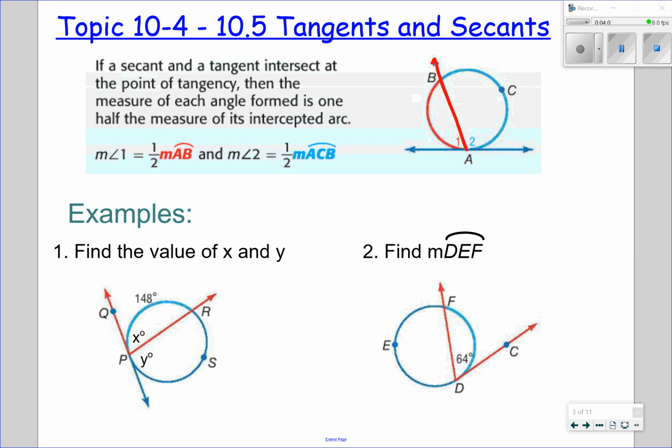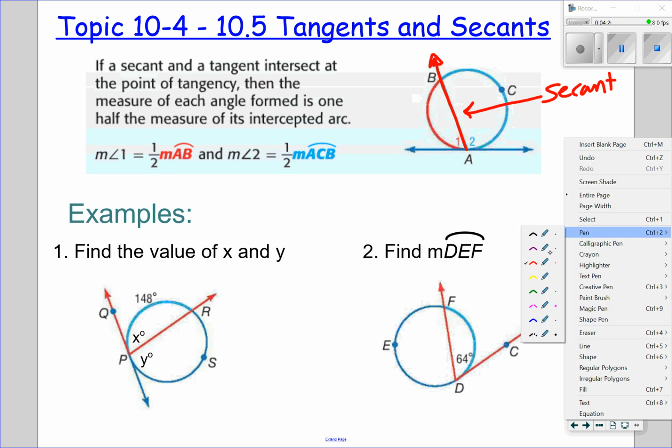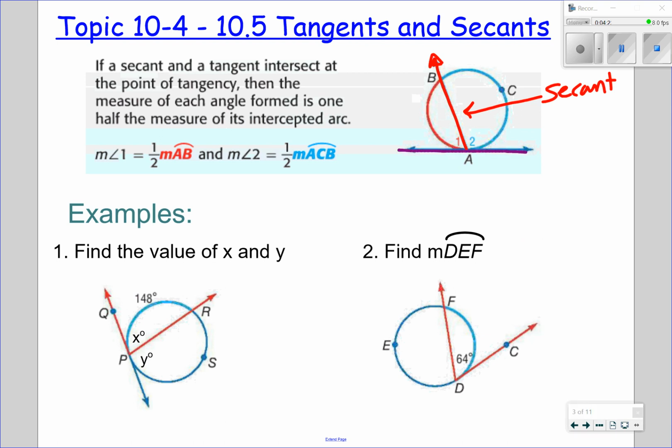At this particular point, if you look at the diagram, this is a line going through the circle and touching it at 2 points. So this would be our secant. If you remember back to that vocab, secant lines touch a circle at 2 points. Then we have this other line out here that is extending and touching the circle at only one location. This would be our tangent.